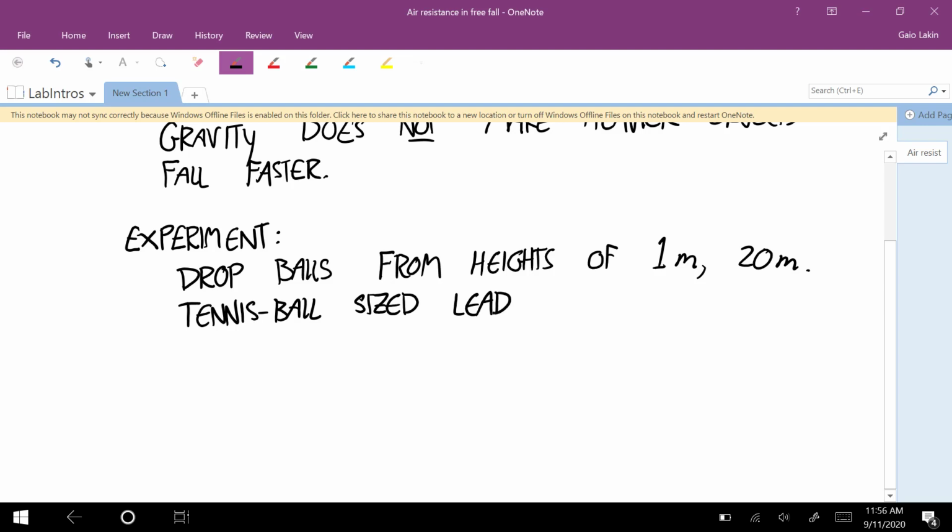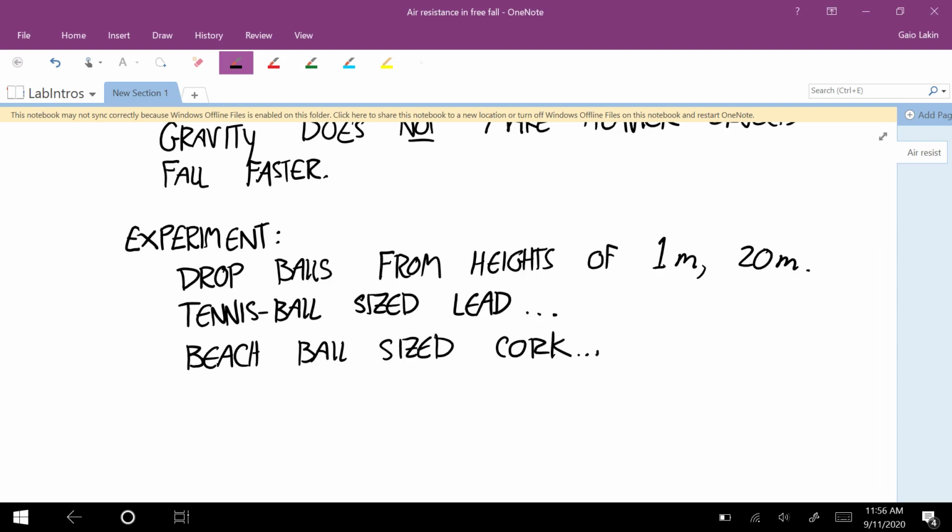There'll be a few others that are tennis ball sized, and then we'll have beach ball sized. And basically, we're just going to try to see how air resistance affects these different size and different density objects.